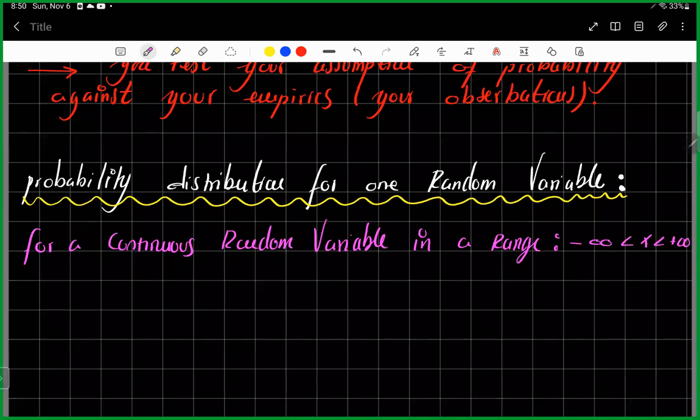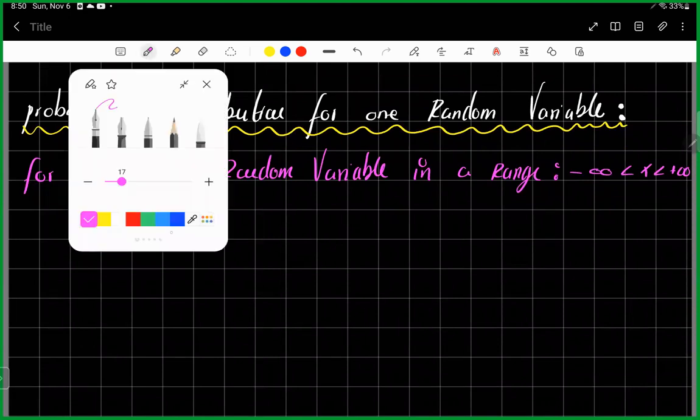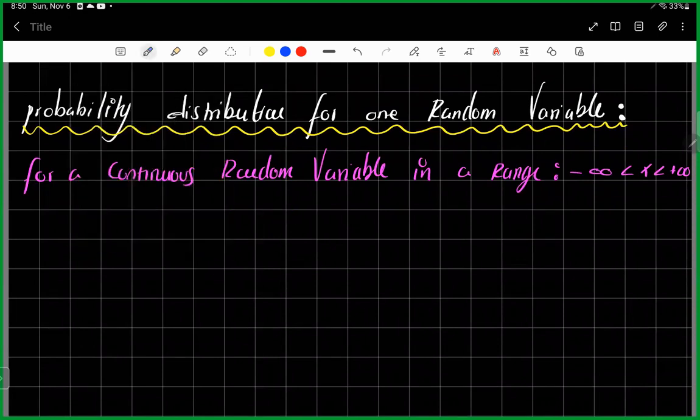Okay, it is important to define some terminology to work with probability distributions. We will work with the cumulative probability function.